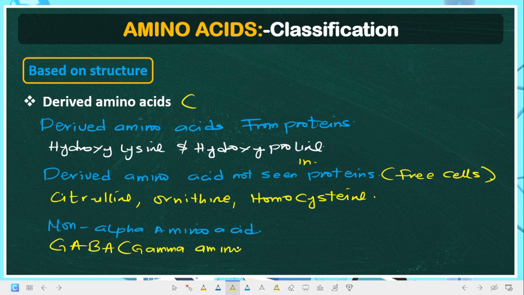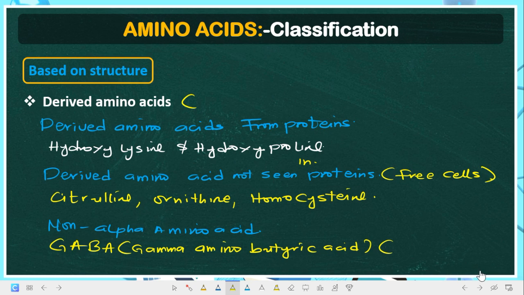Gamma amino butyric acid is gotten from the decarboxylation, that means removal of the carboxylic group, of glutamic acid. When glutamic acid is decarboxylated, what is formed is what? Gamma amino butyric acid. So please, let's take note of all that.